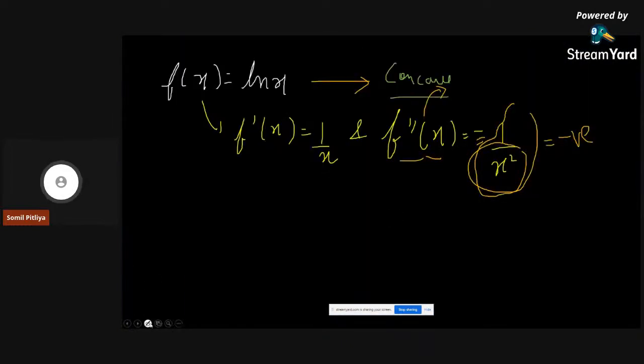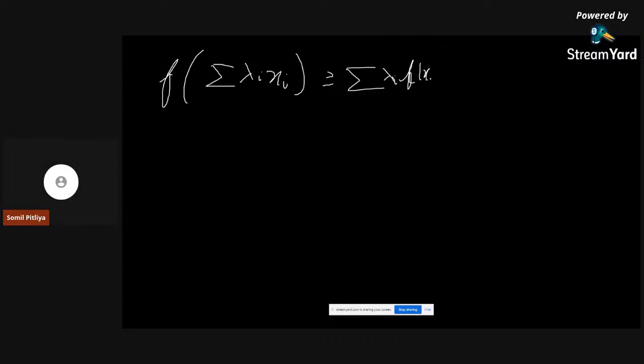Let me first of all write my Jensen inequality for concave function, that is f of sigma lambda i xi is greater than or equal to sigma lambda i f of xi. Now I'm letting my function f of x equal to ln x.